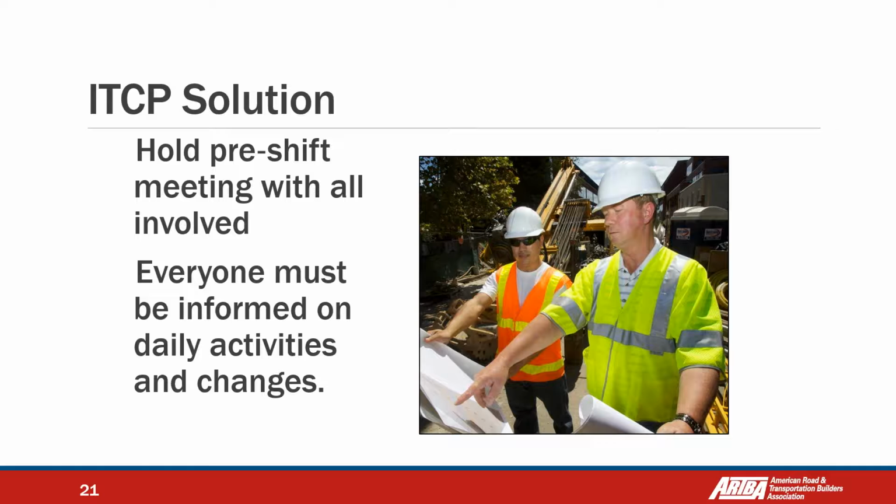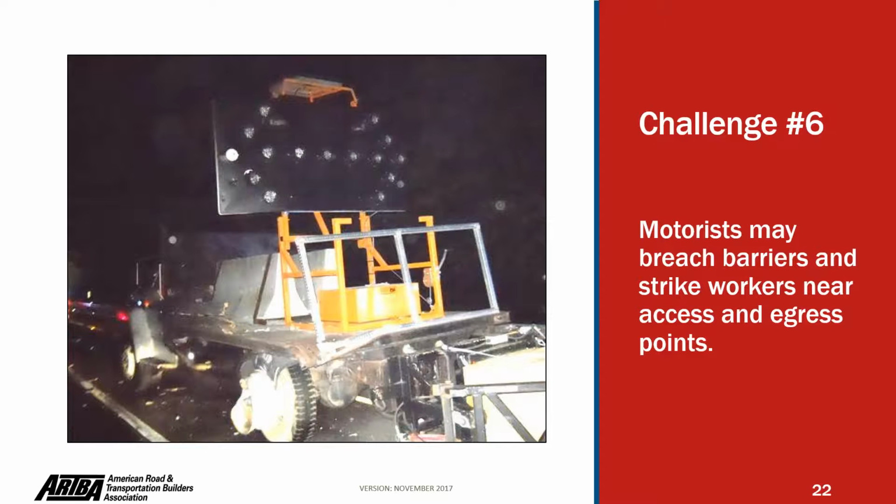They need to know if there is any change. We need to send another picture with all the changes, just to help people who are going to visit or arrive to the work zone to know where is the access zone or the exit zone, or parking areas, and so on.